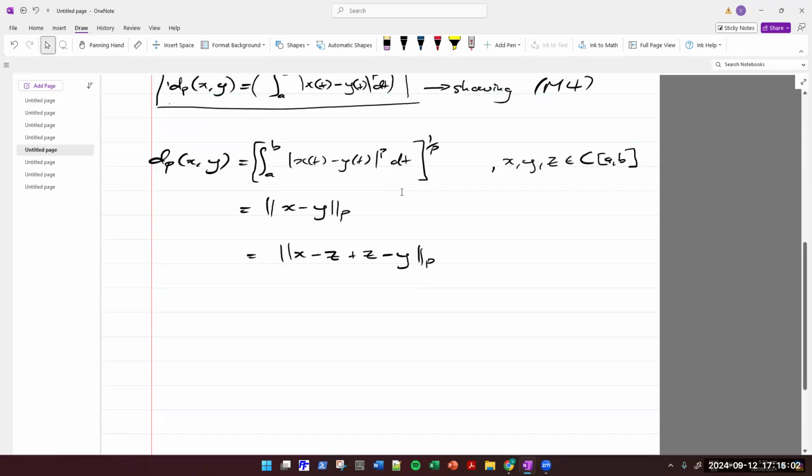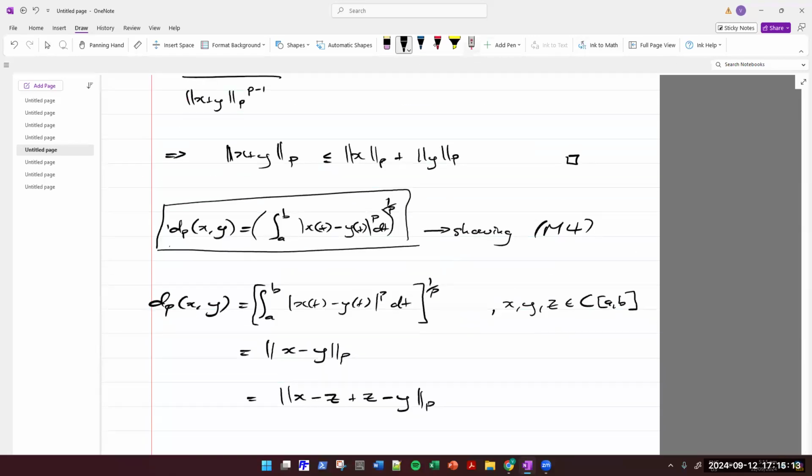Okay, and what we're going to do there is now apply Minkowski's inequality. So Minkowski's inequality, remember, it's just the triangle inequality. It says that if you have this p norm, again, we don't know it's a norm, but if you have this p norm, it satisfies the triangle inequality. So instead of x, I have x minus z, and instead of y, I have z minus y or y minus z.